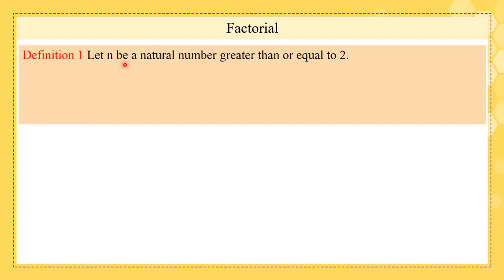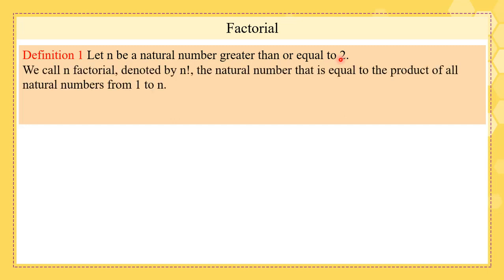The first point we're going to talk about is the factorial. n is a natural number which is greater than or equal to 2. We call n factorial, denoted by n with an exclamation mark, the natural number that is equal to the product of all natural numbers from 1 to n.